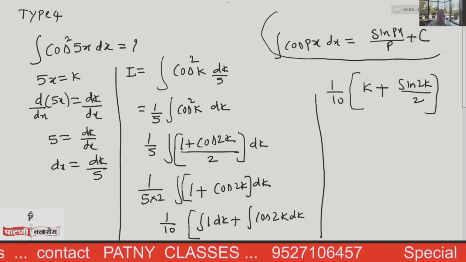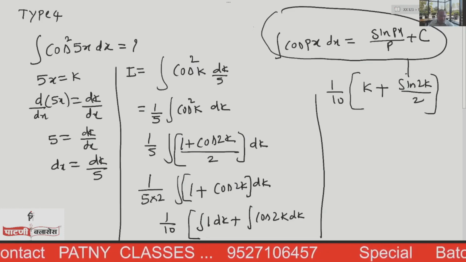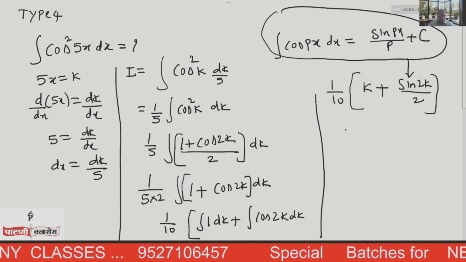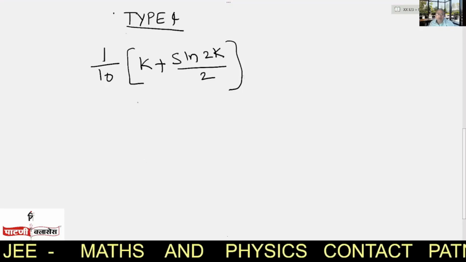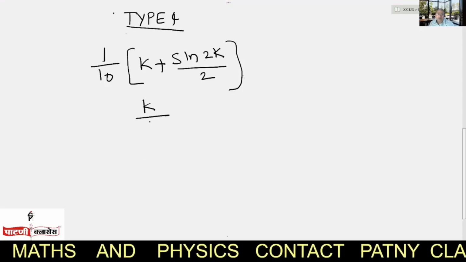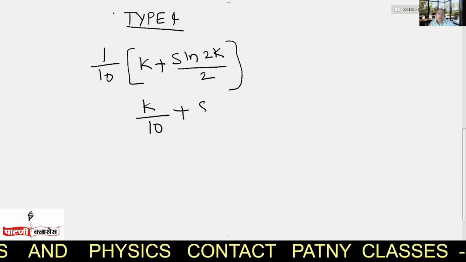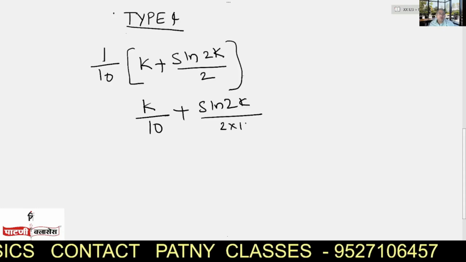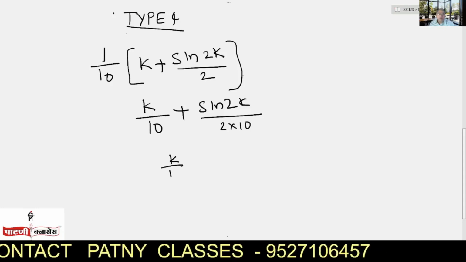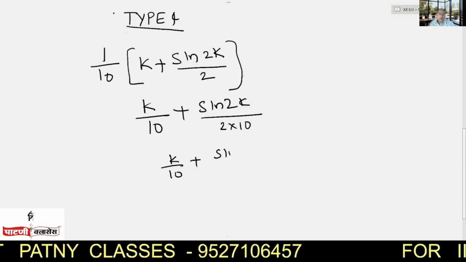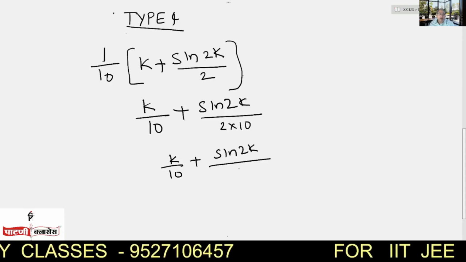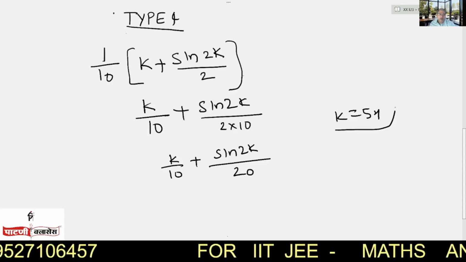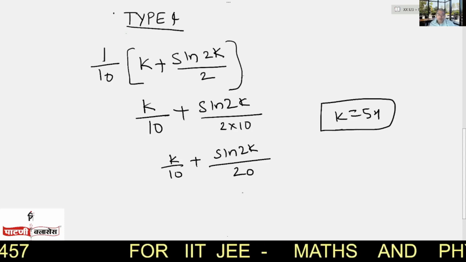So this shortcut I utilized here, that is sin 2k upon 2. Now opening the bracket, it becomes k upon 10 plus sin 2k upon 2 into 10. So k upon 10 plus sin 2k upon 20.